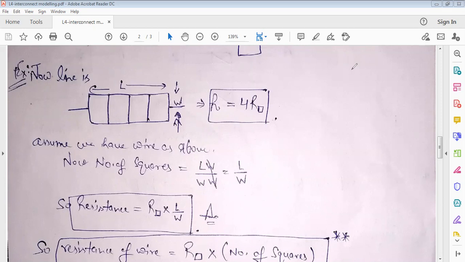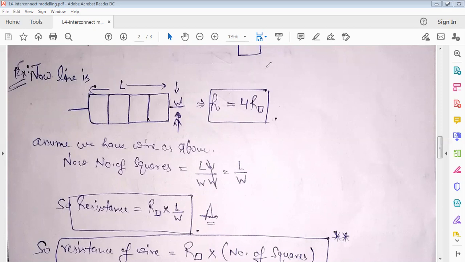Now area of one square is what? It has the length W and width also W. The area of the square is nothing but W into W. So number of squares is nothing but LW upon WW.